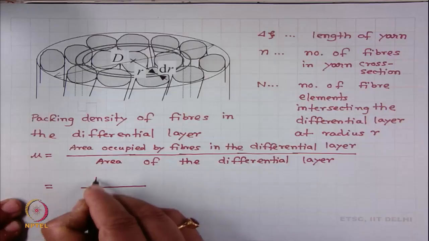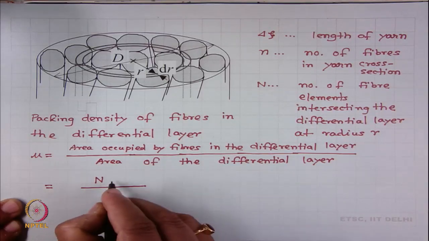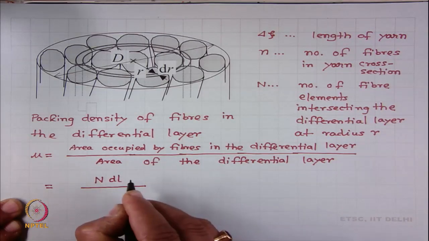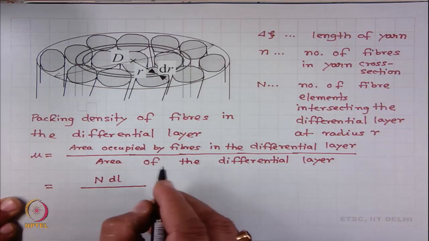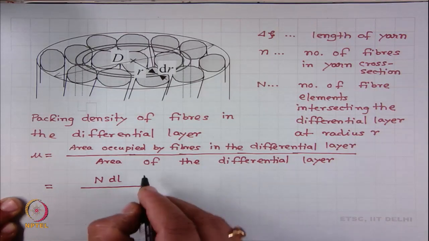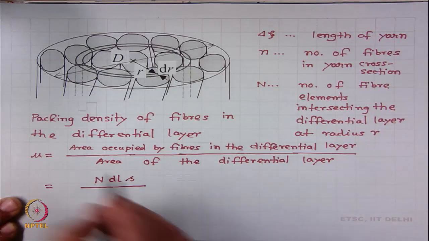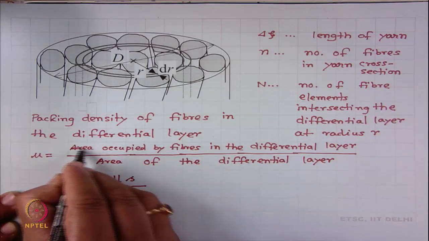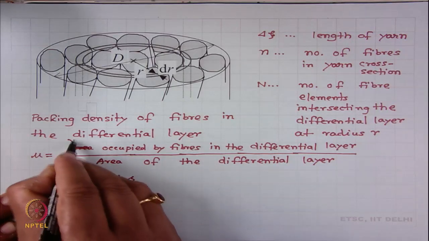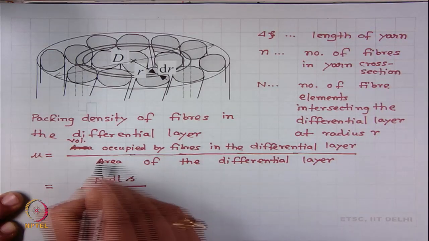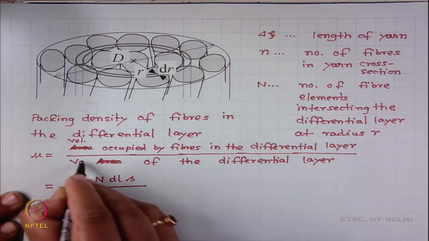N, number of fiber segments, each segment has a length dl and area s. So, this is basically the volume. And this is the volume.